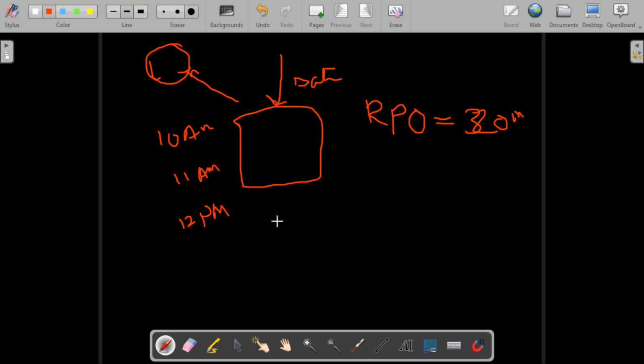Now, if my RPO is set to 20 minutes, what does it mean? Suppose at 11 a.m. your system is down. From 11 to 11:30, what is the time span?